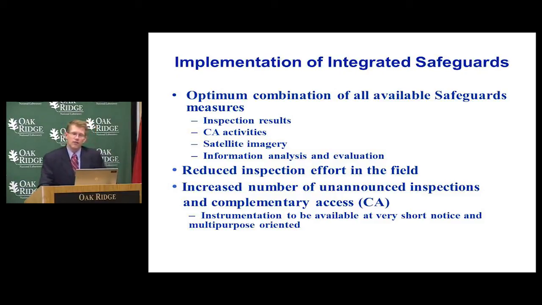They also have another extensive information analysis and evaluations group that does searches on open source literature, on papers, presentations, journals, looking for these activities that they can then compare with both the declared nuclear and the non-nuclear present activities.